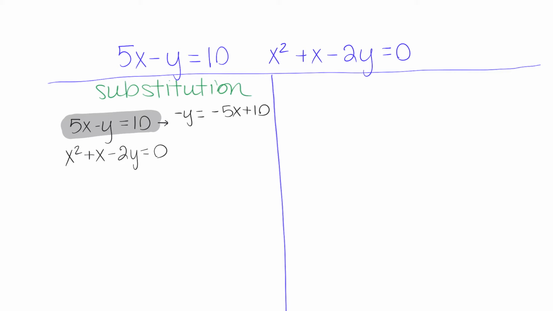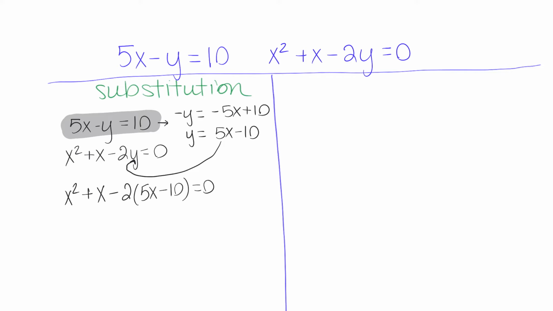I'm going to move out my negative, so y equals 5x minus 10. Now I'm going to take that and plug it in to my y in the second equation. So that gives me x squared plus x minus 2 times y, where y is 5x minus 10, equals 0. So I'm going to work this out.